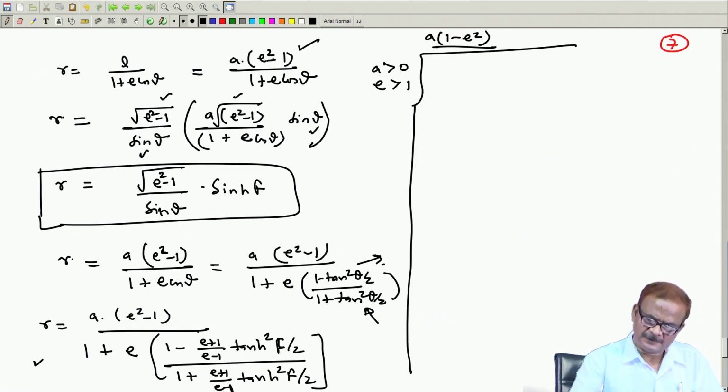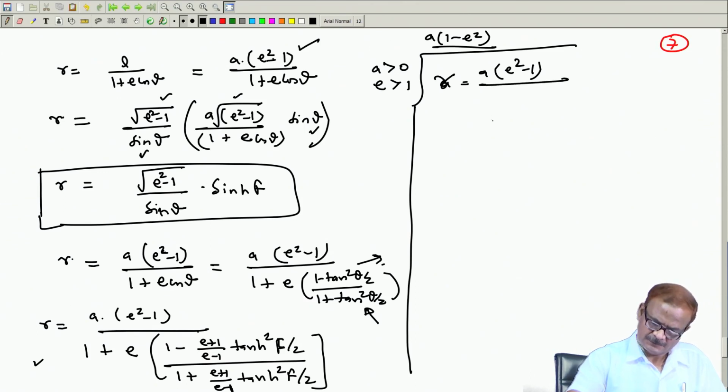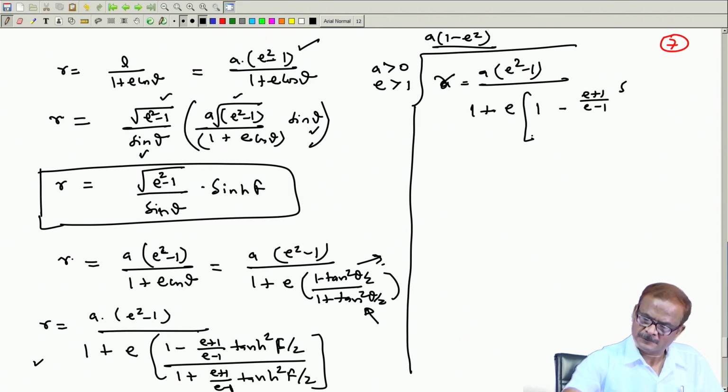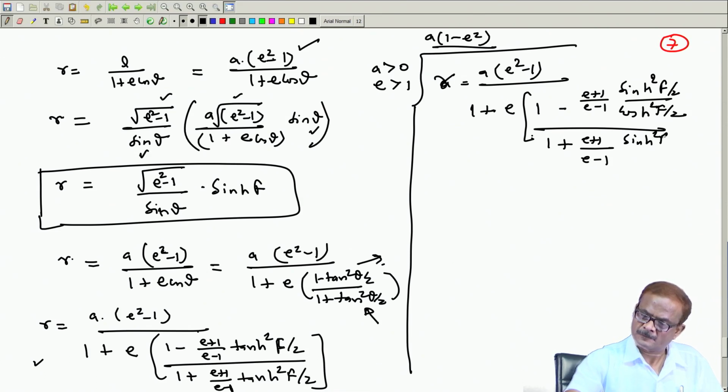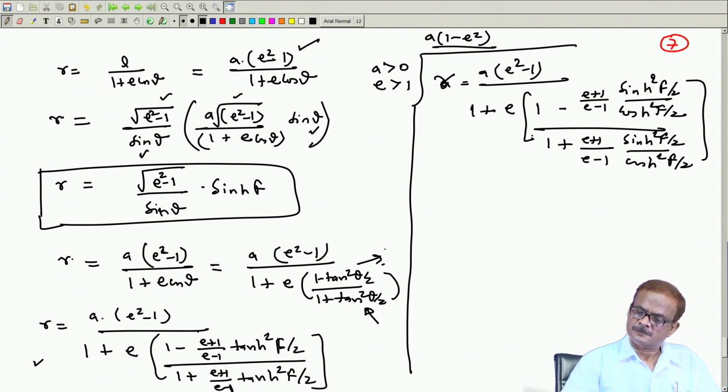This can be rearranged, and if we rearrange it, r equal to a times e square minus 1 divided by 1 plus... Okay.